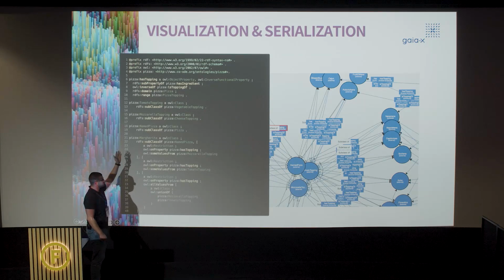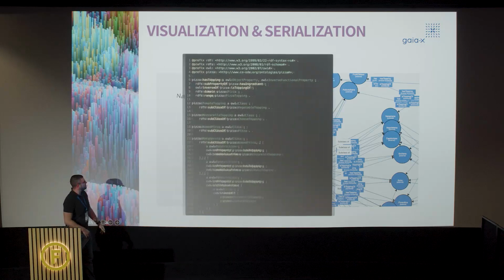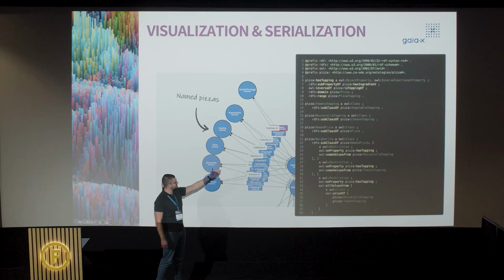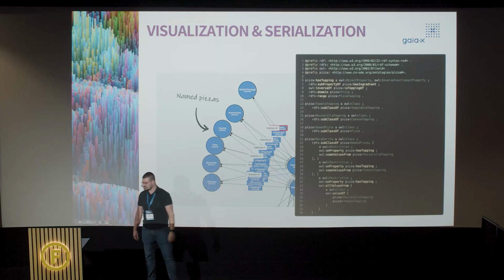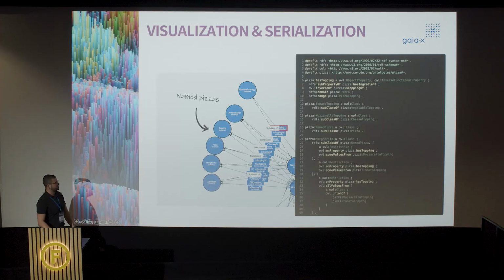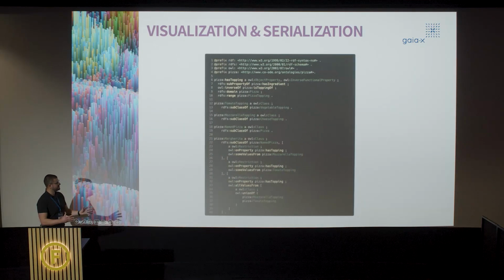We can see that I defined the named pizza. And you can see that the margarita, which has the mozzarella topping and everything, is described at the bottom. They have the same semantic value, whether it's an image or a text.